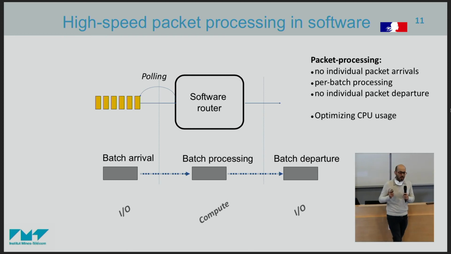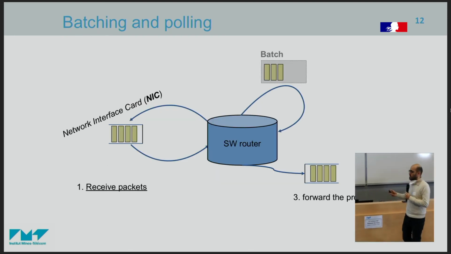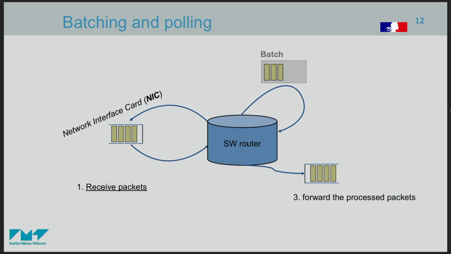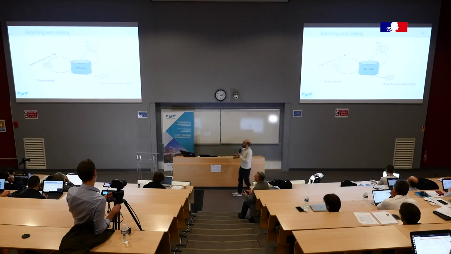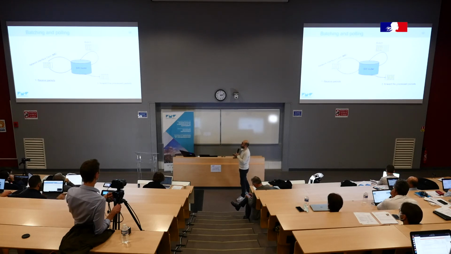So here you have a description of what is happening in a software router. You have a network interface card, which can be a physical NIC or a virtual NIC. A packet arrives, and there is a process that is periodically checking if there's a packet there. Then a full batch is retrieved from the line card, and this is treated in software, and then the output decision is made.